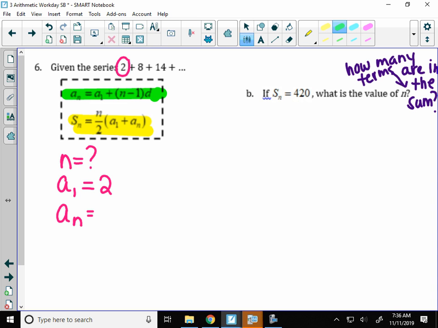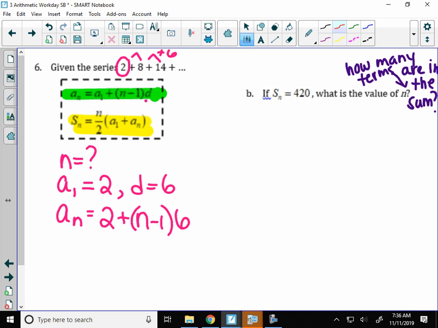This is a sub n. So in order to use that formula, I need my a sub 1, which is 2, plus n, I don't know what n is, that's okay, n minus 1, times the common difference. That's what do I add every time? Well, I'm adding 6. That's my common difference. So I'm going to do a 6 right here.